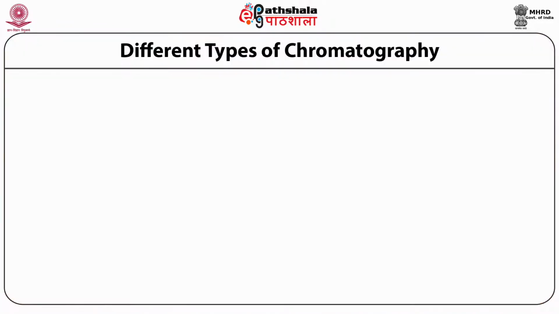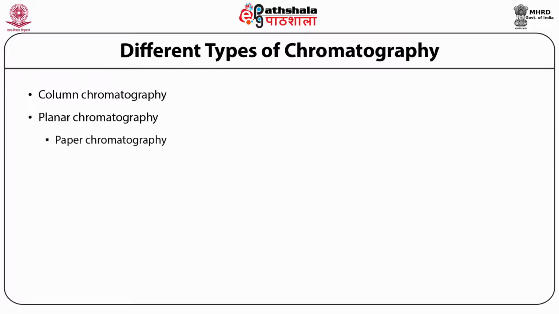Let me first tell you in short about the different types of chromatography. There was a rapid development in the field of chromatography in the decades of the 1930s and 1940s, which resulted in the development of different types of chromatography all over the world. Some of the different types are column chromatography and planar chromatography. Planar chromatography can be further classified into paper chromatography and thin layer chromatography.